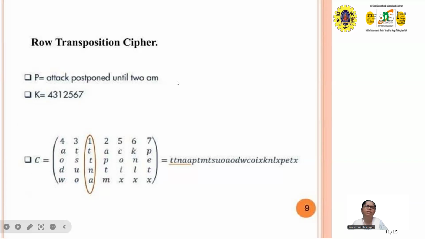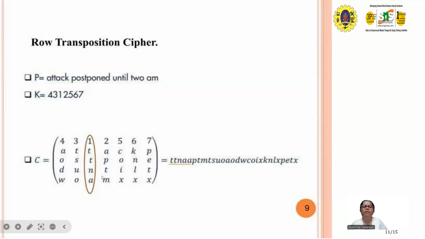Attack postponed until 2 a.m. ATTACK POSTPONED UNTIL TWO AM. The balance letters you have to write with X X X. Like this we write the plain text in matrix form.